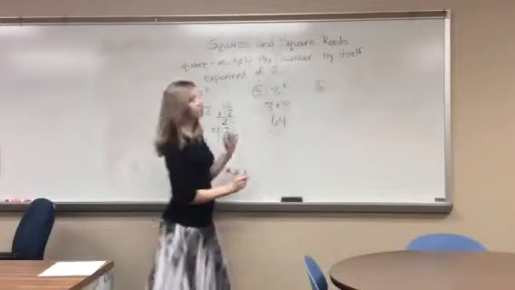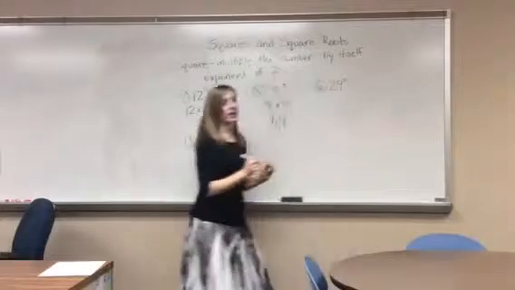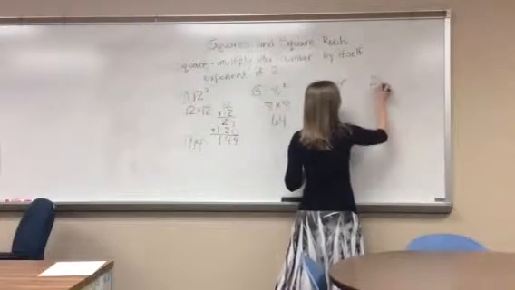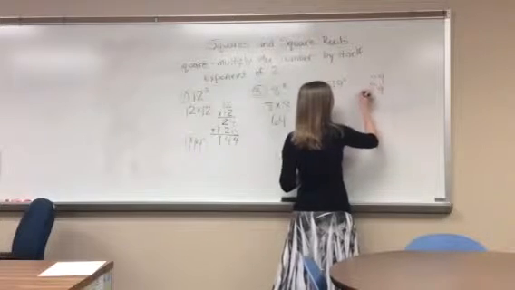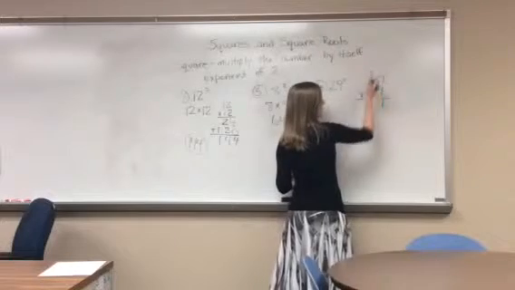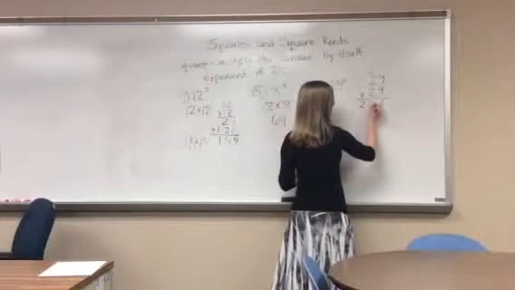We have 29 squared. So again, if you don't know that one off the top of your head, which I don't, we're going to go ahead and multiply it out. 29 times 29. Multiply it by itself. 9 times 9 is 81. Carry the 8. 9 times 2 is 18, plus 8 is 26.